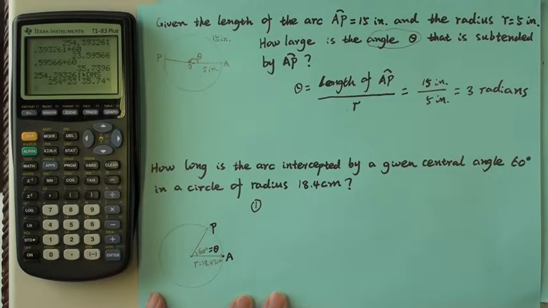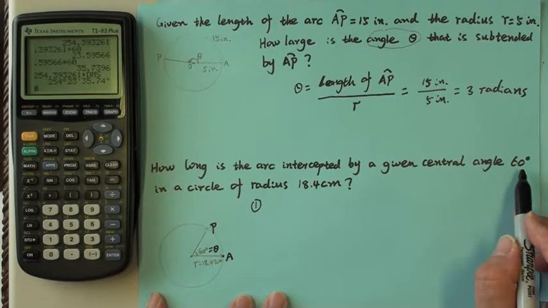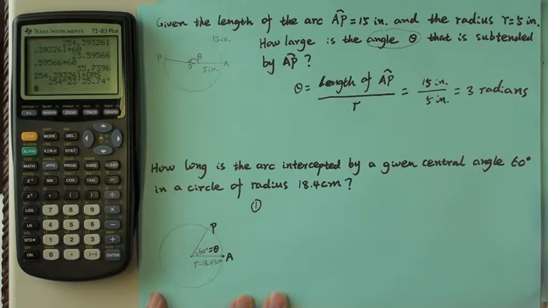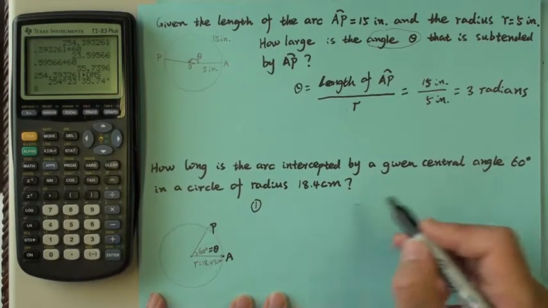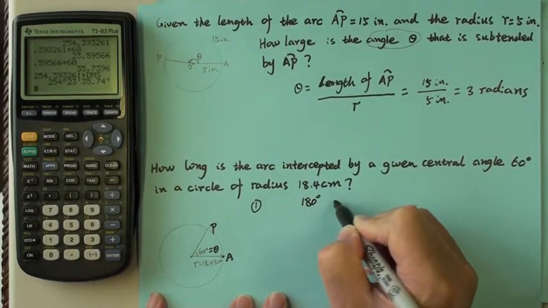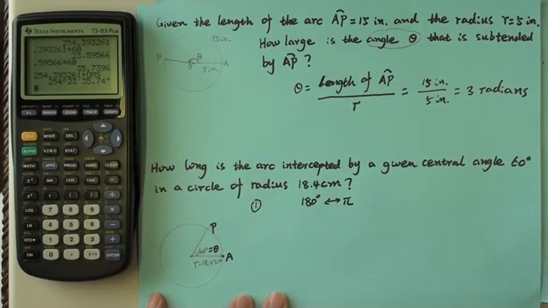The first thing is, 60 degrees is how many radians? We know 180 degrees is pi radians.